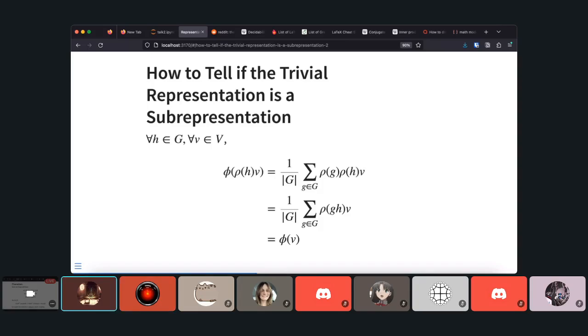The way to extend this to infinite groups in general, but in particular non-compact groups, is you need to be looking at functions on the group that only have compact support.